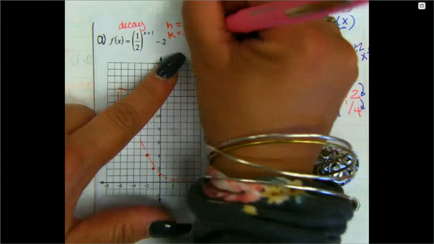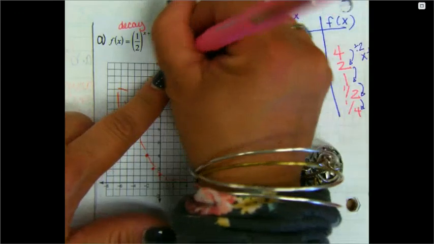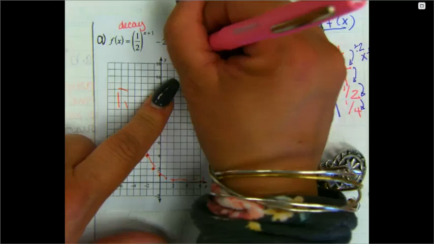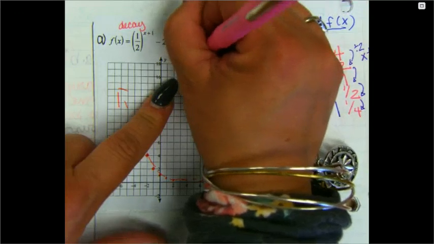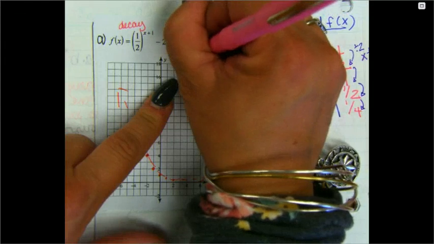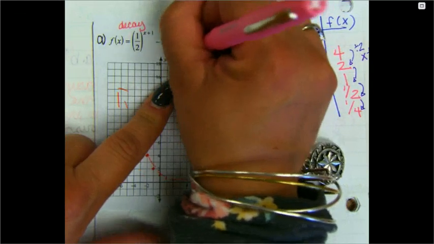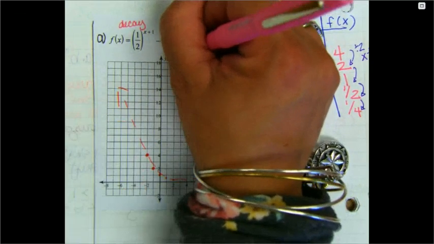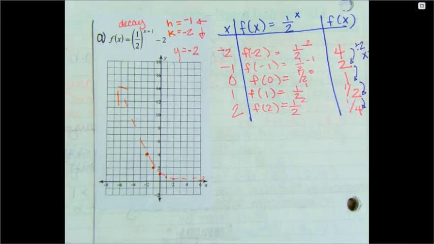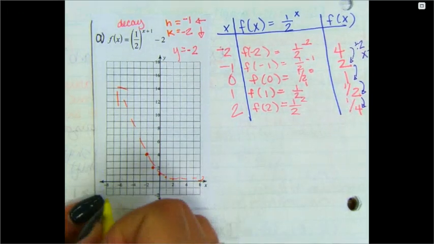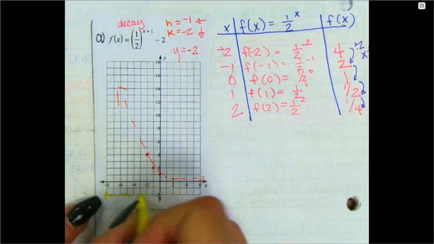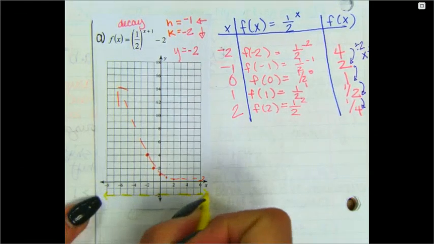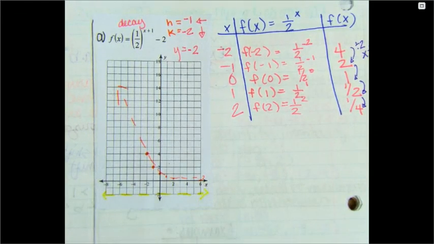K is going? Down. What's your asymptote? -2. So at -2, I should have my asymptote graphed in. It's your K.